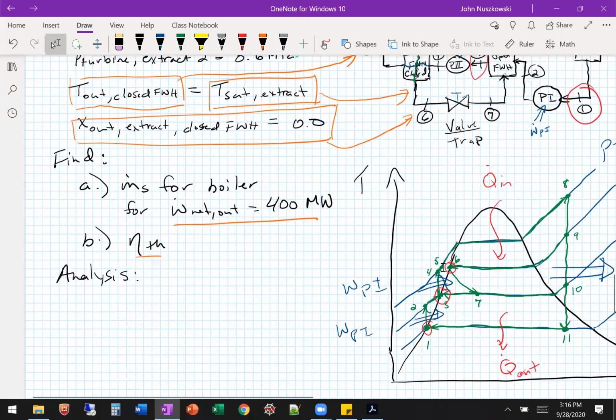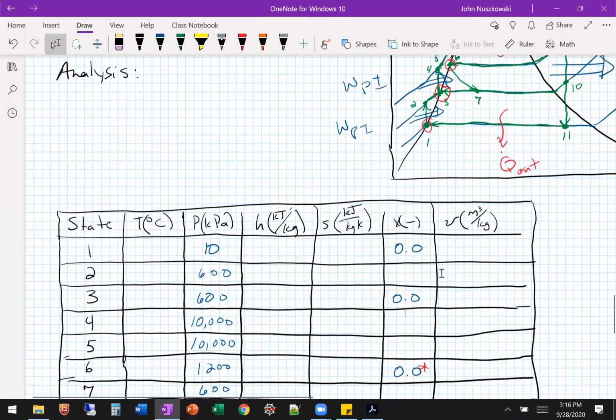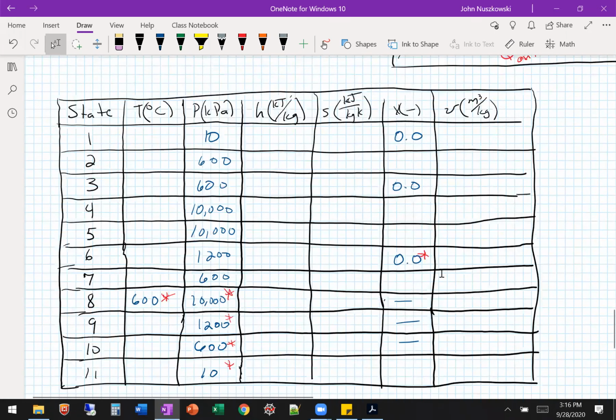The entropy. Yes, this is an isentropic turbine, and it's water, so we can get the entropy directly. Right, so we can know that the entropy is held constant. So from here to here to here is all isentropic.